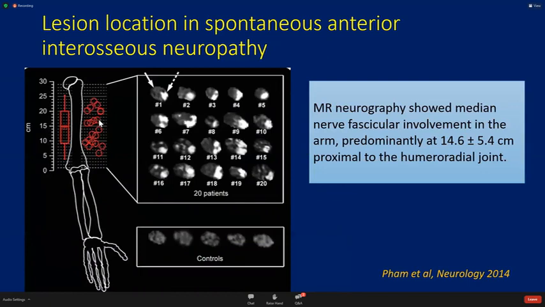Recently, maybe six years back, a study was conducted to see where exactly in the median nerve was the lesion for anterior interosseous neuropathy, using MR neurography studies. And surprisingly, it was seen that it is not at the level of the forearm that the lesion is there. In all 20 of the 20 patients, a lesion was found about 14 centimeters proximal to the humeroradial joint at the elbow.